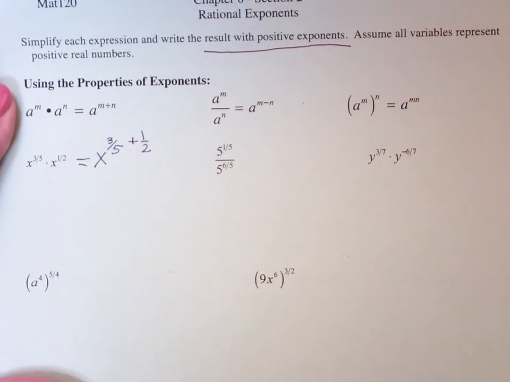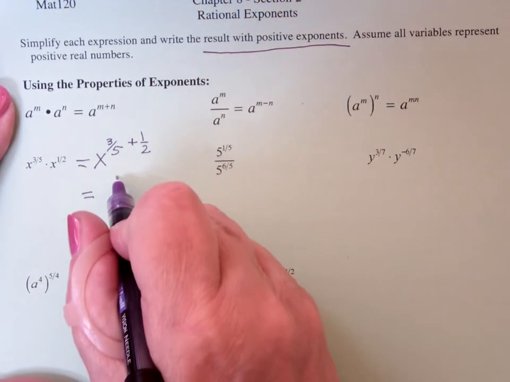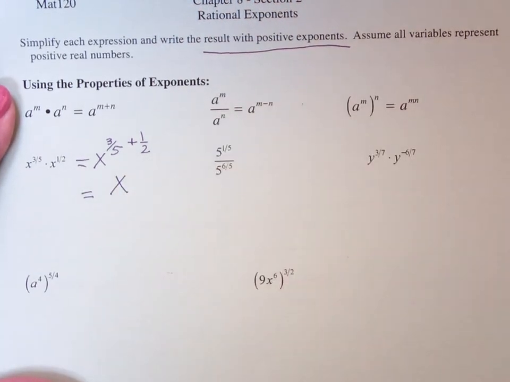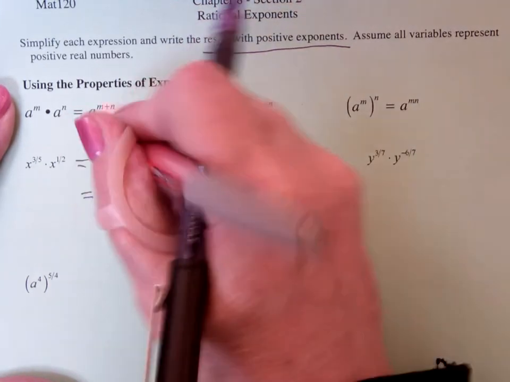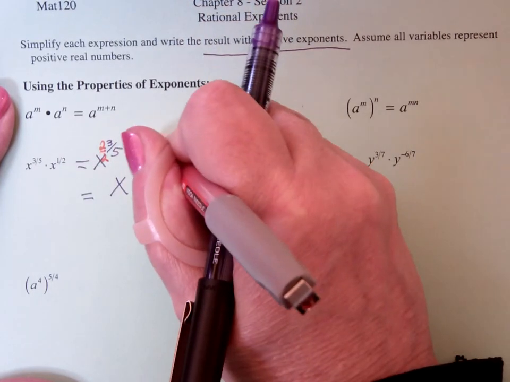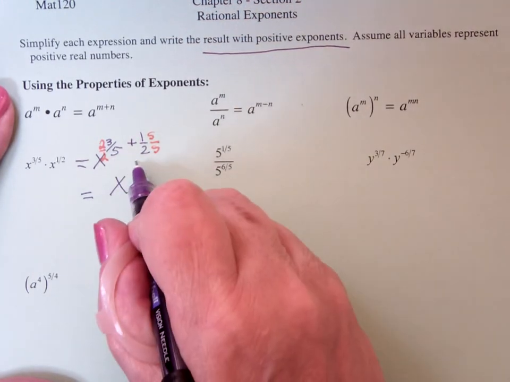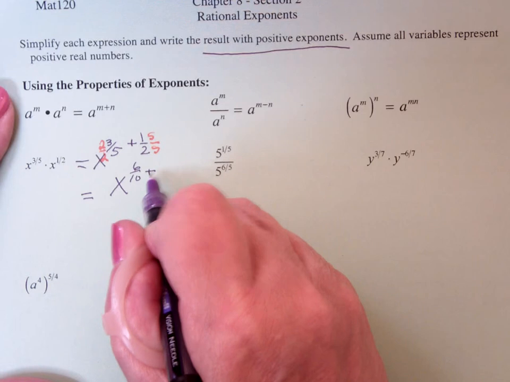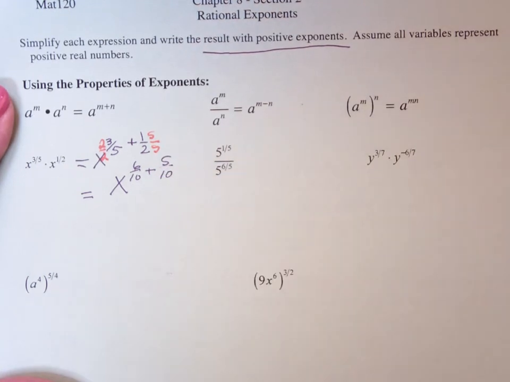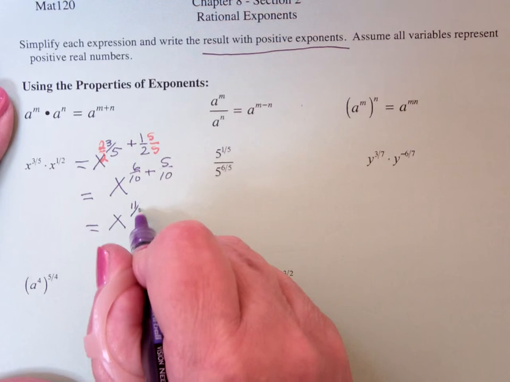And now we have the old common denominator thing, we're adding fractions. So it's x to some power. The common denominator is 10, so I'll multiply this one by 2 over 2 and this one by 5 over 5. So this is now 6 over 10 plus 5 over 10, which is x to the 11 over 10.